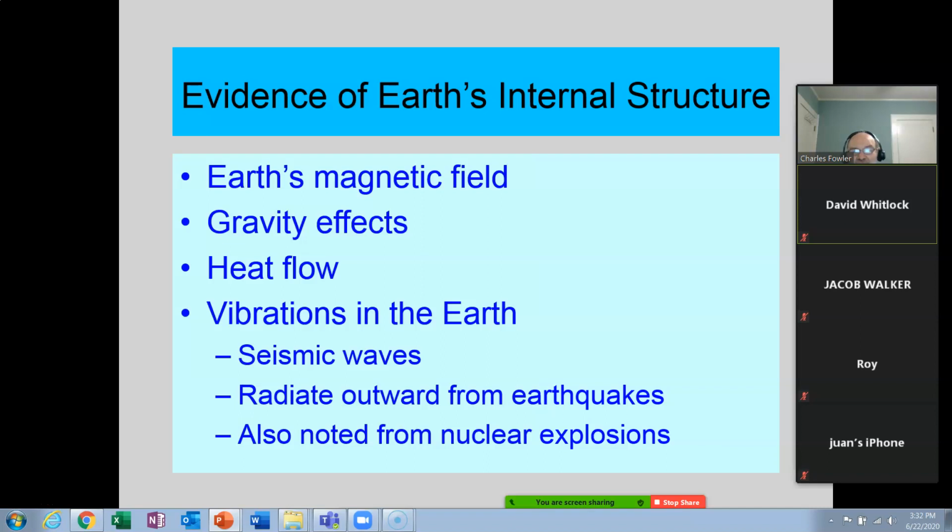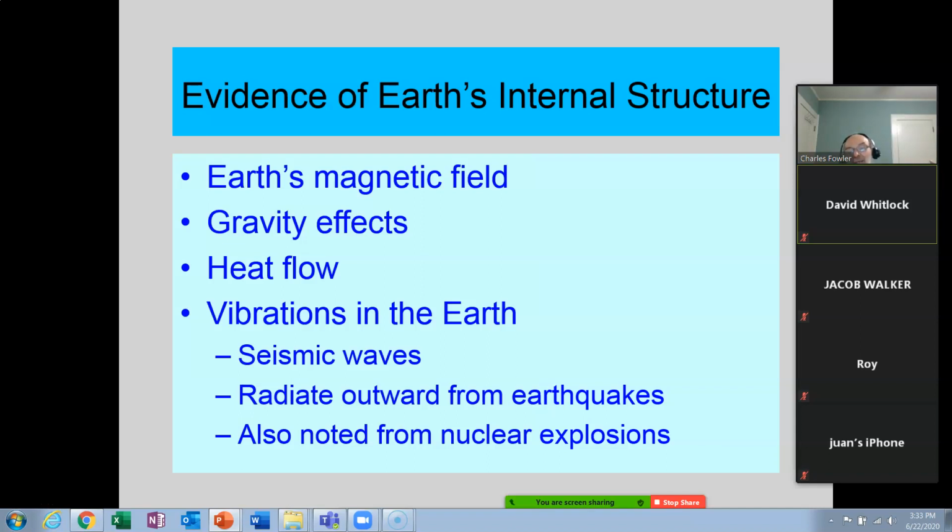Vibrations in the earth. What are we talking about there? Seismic waves. These are the waves that radiate outward every time you have an earthquake. Also, every time that someone blows up a nuclear weapon, you create this very weak signal, read like an earthquake, but it still is readable on seismographs. So nobody can hide.